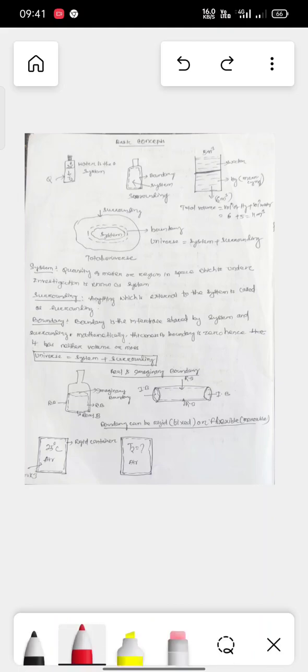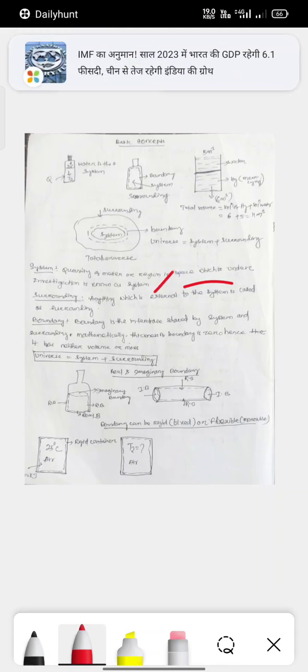Some of the basic terms I have written here: what is system, what is surrounding, what is boundary, and what is universe. What is a system? The quantity of matter or region in space under investigation is known as your system.